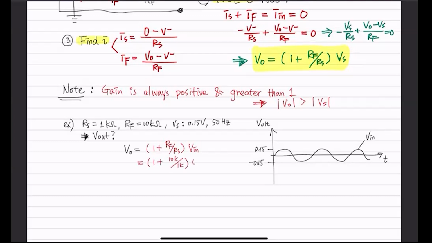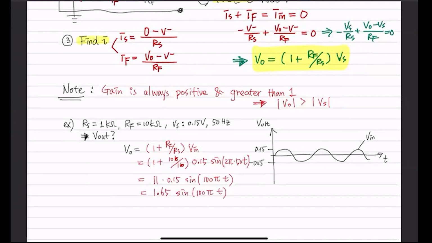And Vin is 0.15 times sine 2 pi 50 t. By the way, t is time, right? And the k goes away. It's 10 over 1, so it's just 10. So it's 11 times 0.15 sine 100 pi t. And that is going to be 1.65 sine 100 pi t.